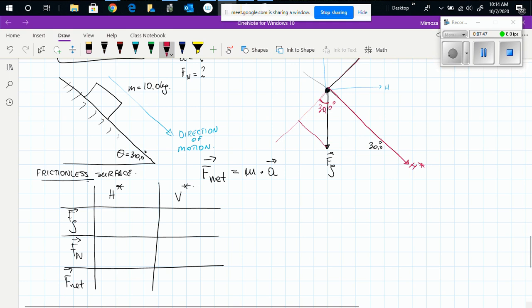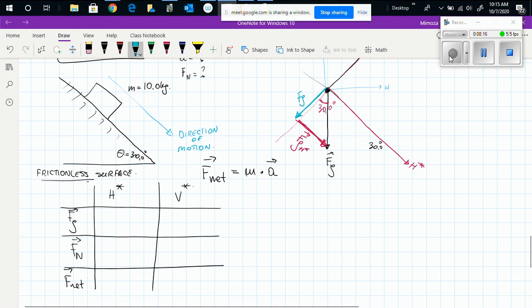So now let's take a look at the horizontal component of the force of gravity. The horizontal component of force of gravity is this vector here. This is the horizontal component of force of gravity for the new set of axes. And the vertical will be this vector here.